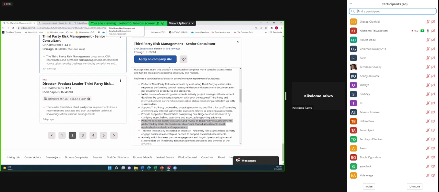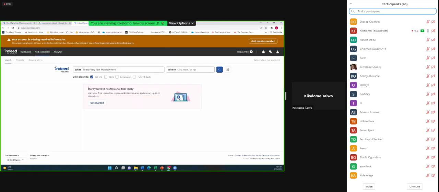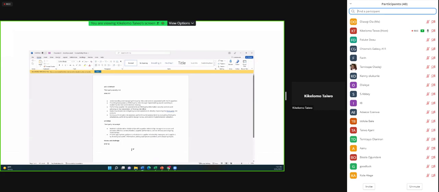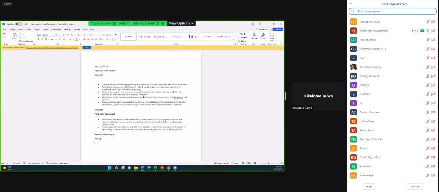What else? If you are putting a skill, you can put GRC tools you've used. Make sure you put a GRC tool you've used. GRC tools are ServiceNow, which I just put as VRM, Vendor Risk Management, RSA Archer, OneTrust, Prevalent.